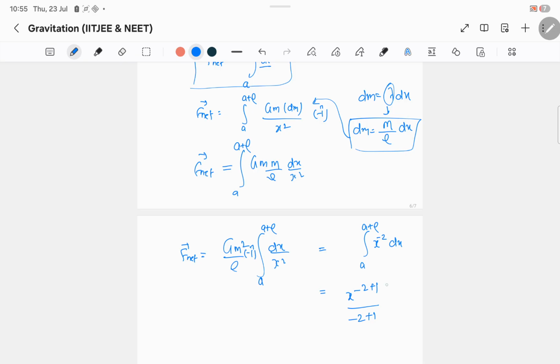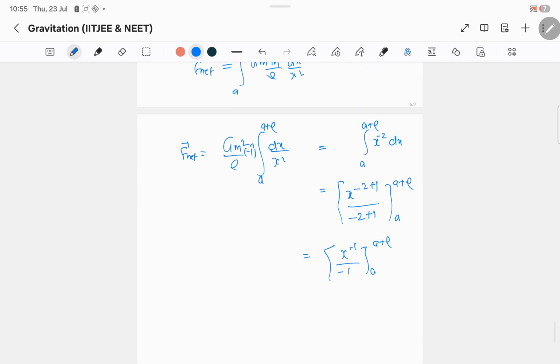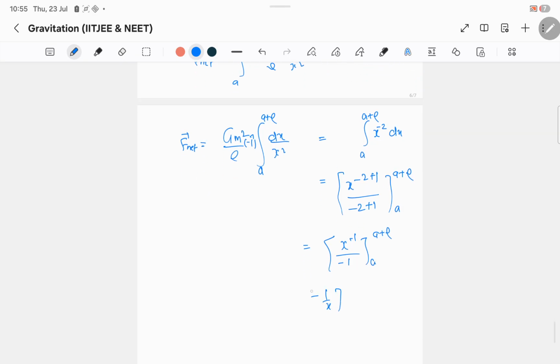Because it's a definite integral, no need to put c. Then we put the limits a to a plus l, so it is x to the power minus 1 by minus 1, which is minus of 1 by x.